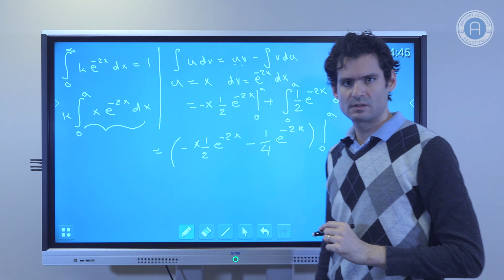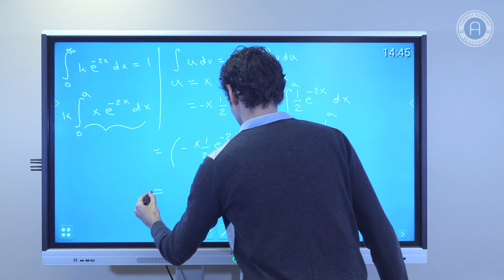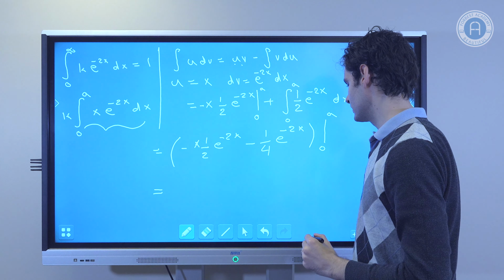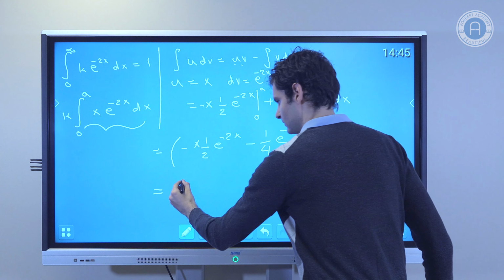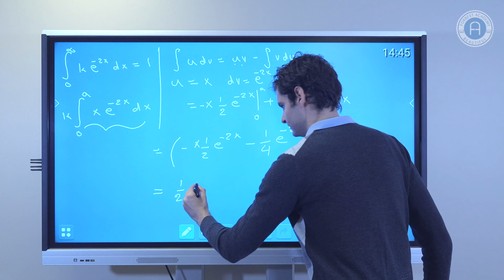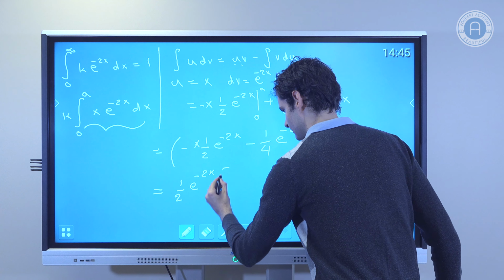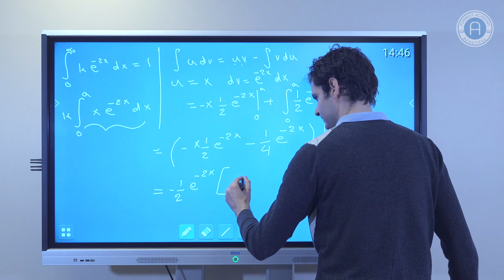Okay, let's just keep simplifying this. To do that, we're going to pull out a factor of 1/2 e to the minus 2x. Actually, let's pull out minus 1/2 e to the minus 2x.